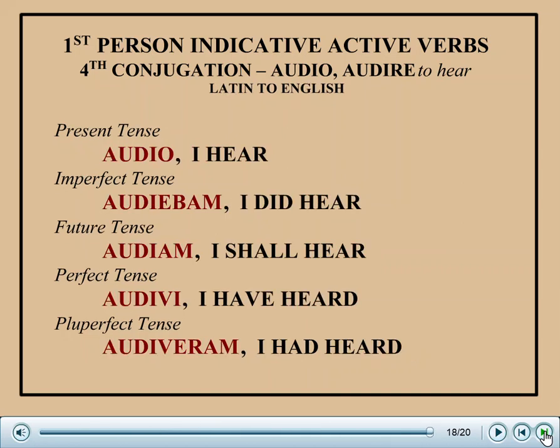And now the same forms from Latin to English. The first person indicative active verbs of the fourth conjugation verb audio, audire, to hear. In the present tense, audio, I hear. In the imperfect tense, audiebam, I did hear.